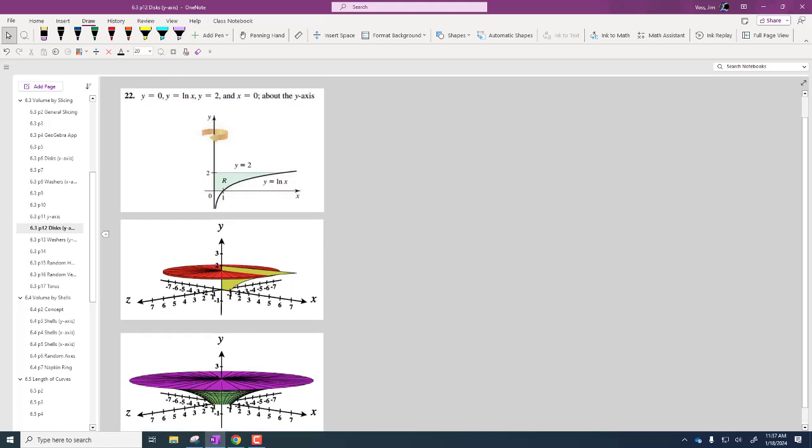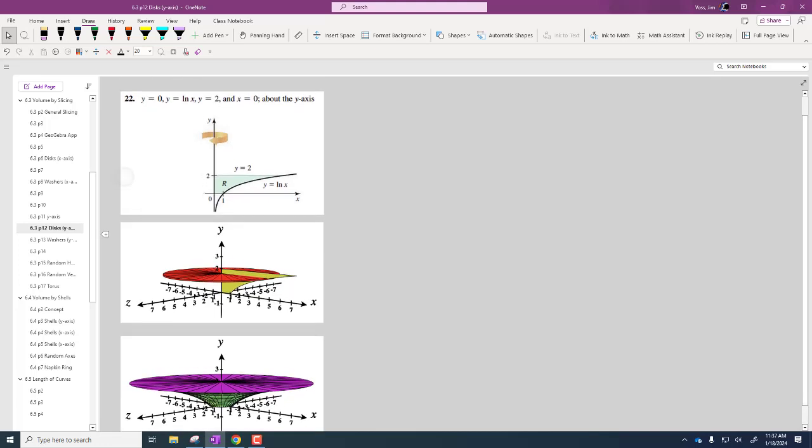In this case, it's a disk. There's no gap. We're rotating around the y-axis, and our region is snug up against the y-axis, so there's not going to be a hole. So it's just a disk. If we take a representative element here at a random y, when that rotates around, it creates a disk, not a washer.